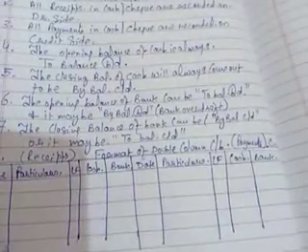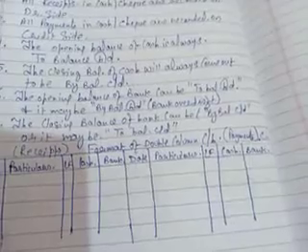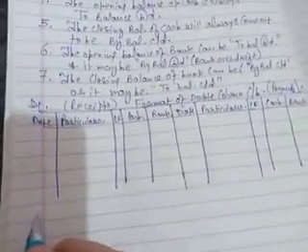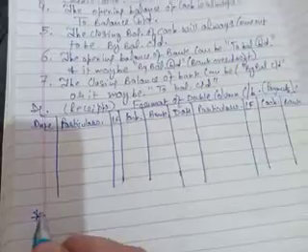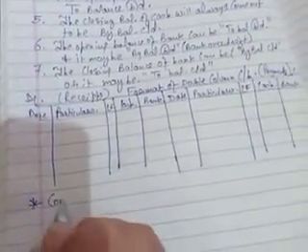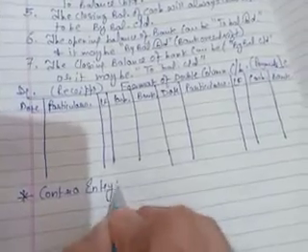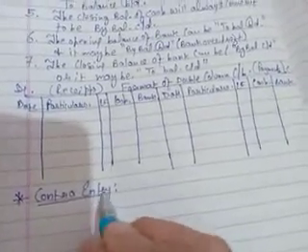Are we clear about the concept and the format of the double column cash book, that we record cash as well as bank transactions there? Now let's enumerate a few specific, important entries. First is called contra entry. Now what is the meaning of this contra entry?